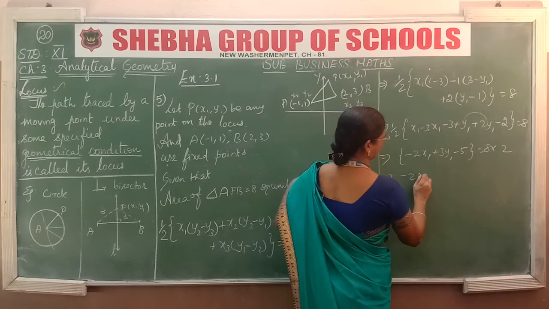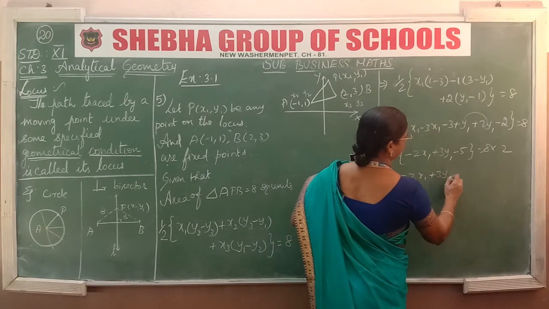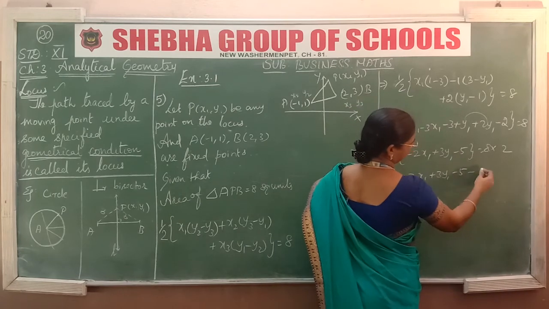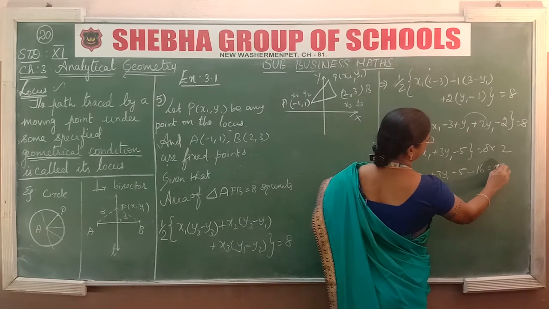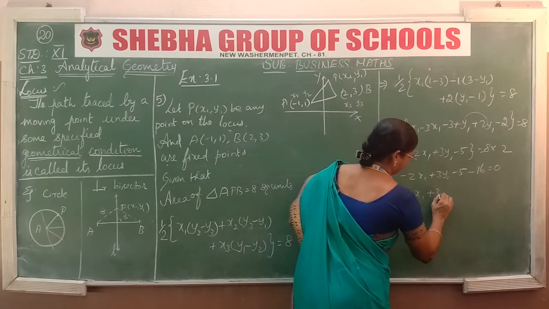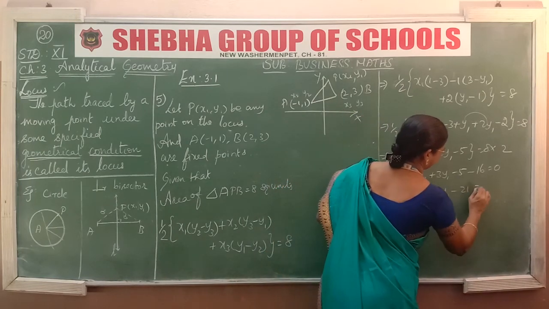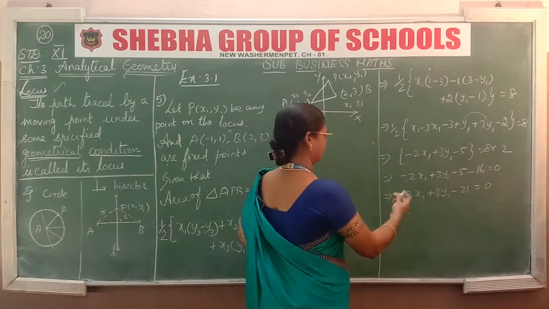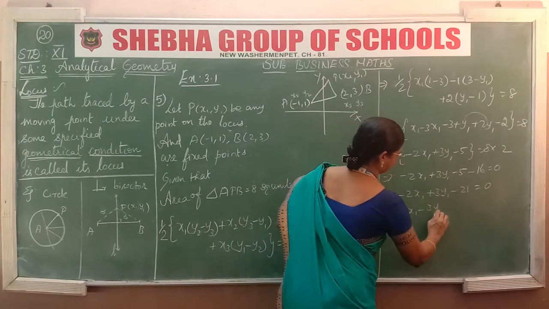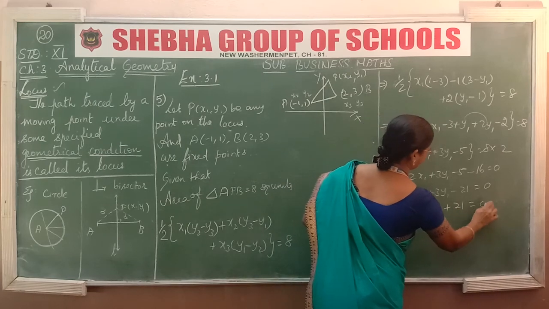So −2x1 + 3y1 − 5, 8 twos are 16. Bring this to the left hand side, we get −16 equal to 0, which implies −2x1 + 3y1 − 21 = 0. Multiplying by minus, we get 2x1 − 3y1 + 21 = 0.